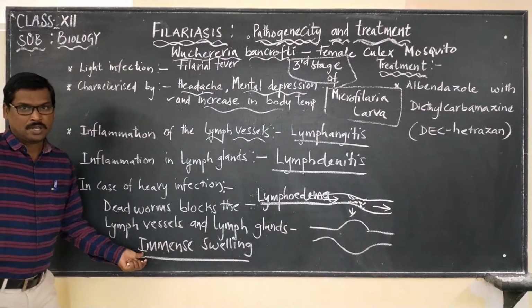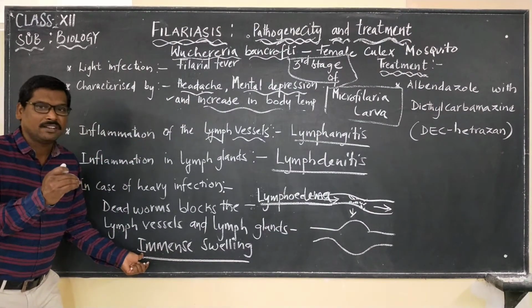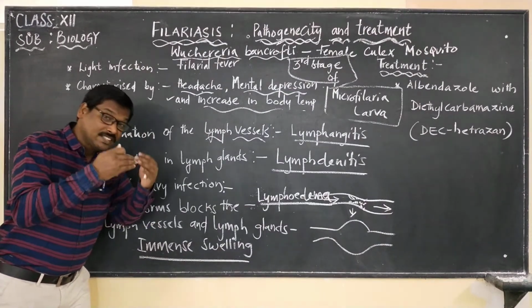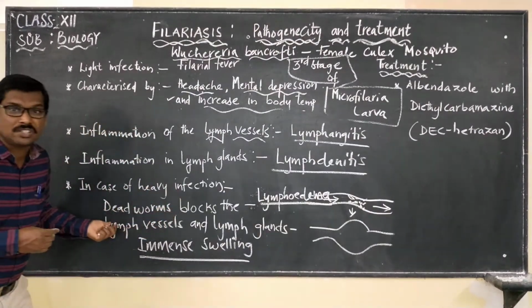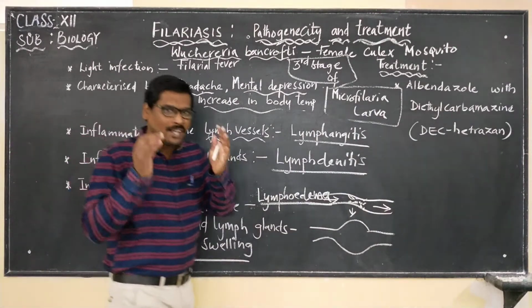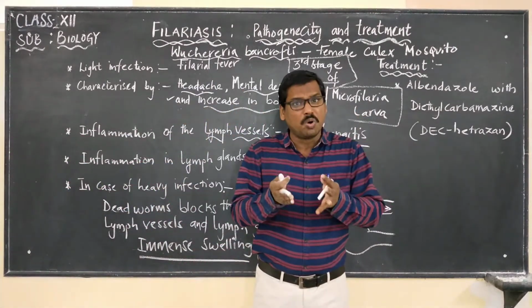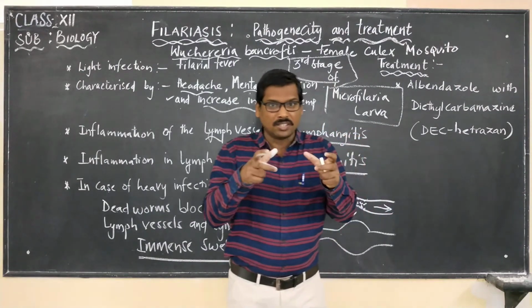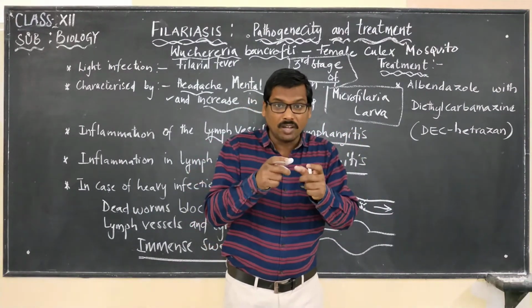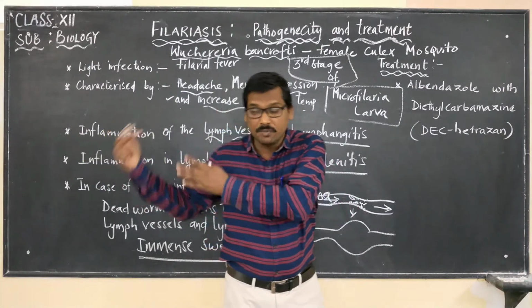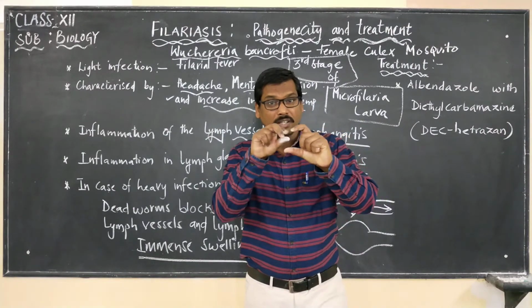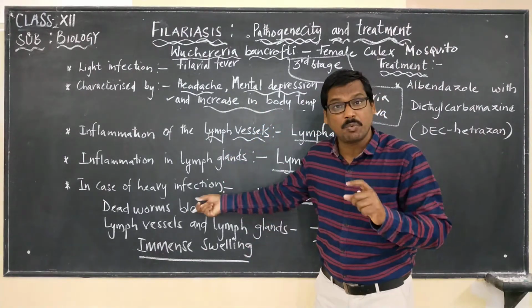Lymphoedema is the word used for immense swelling. This is seen when there is heavy infection due to the accumulation of dead worms. When dead worms accumulate in the lymphatic vessel, it is blocked and there is no path for the lymph to move to the other part, due to the blockage created by dead worms.